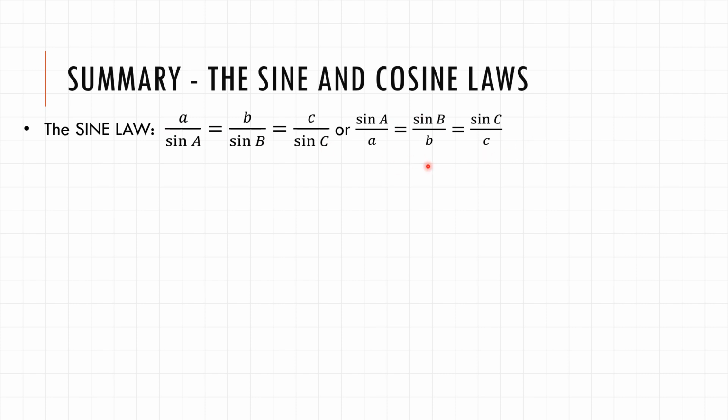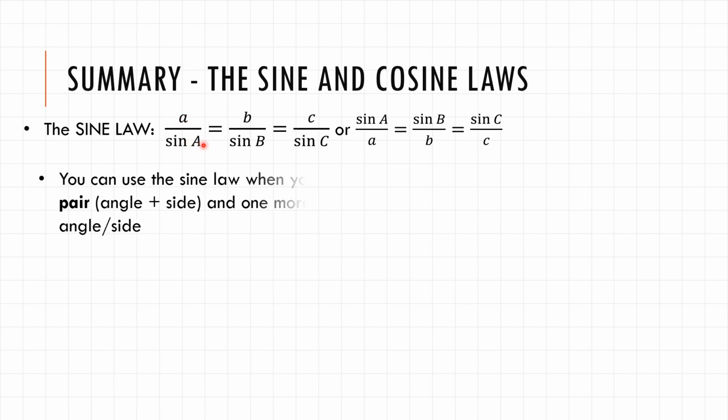The best time to use the sine law is, of course, let's ignore this one for a second and just focus on these two because we have an equation here. The only way we can solve an equation is if we only have one unknown variable. That means that we need to know three of the others. And it doesn't really matter which three. No matter which three you pick, you always need a side and the angle that is opposite it.